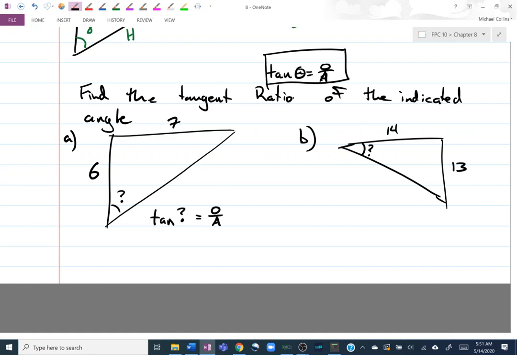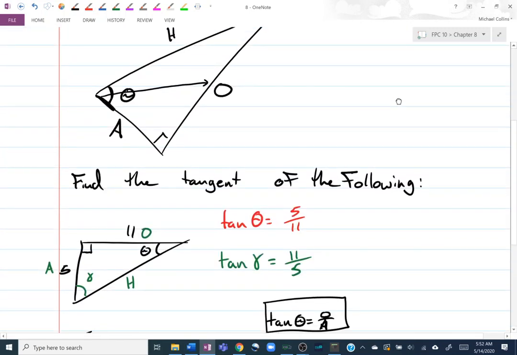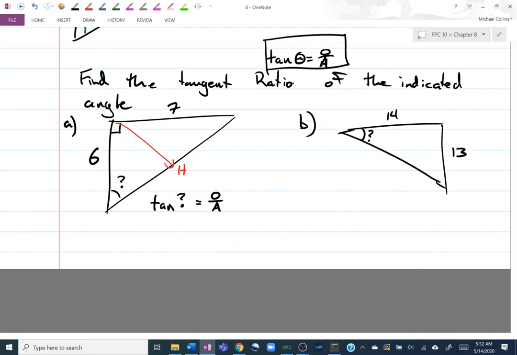But yeah. So my tangent ratio, again, all we have to do is label my sides. The side opposite the 90 degrees is always my hypotenuse. And then I'm going to label my other two.